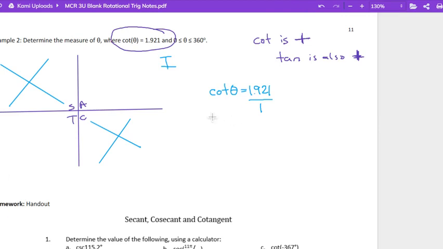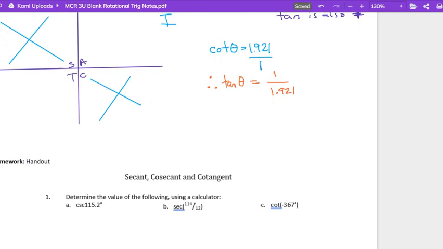So watch this. This is the big one. Therefore, if I write the reciprocal, 1 over 1.921, what do I write here? Tangent. Good. And because I don't know the angle, how do I find the angle?